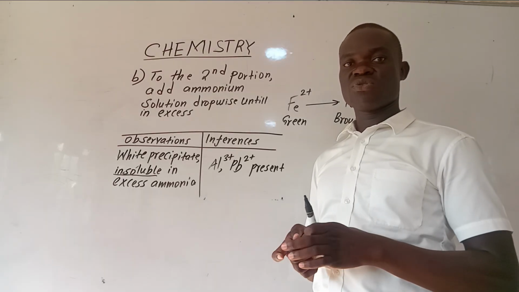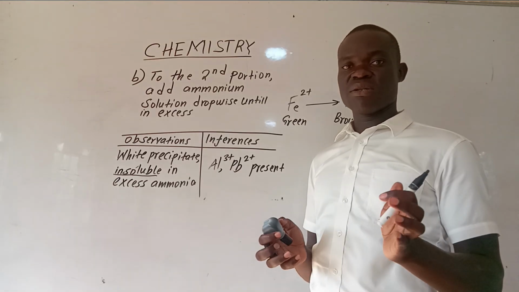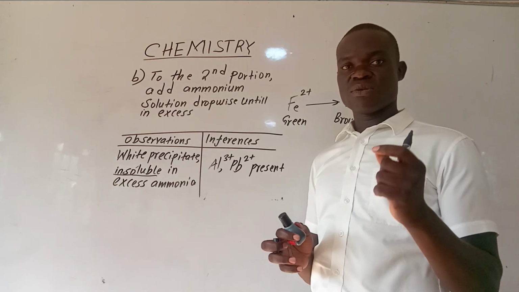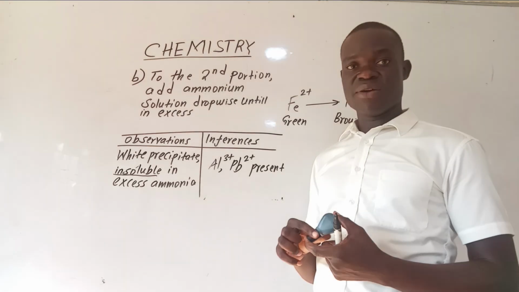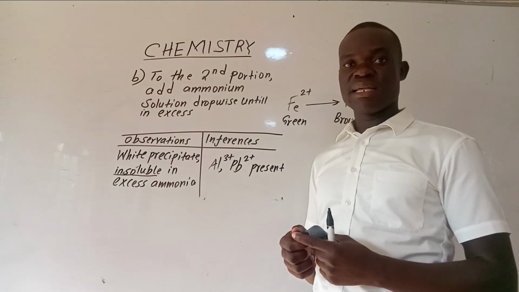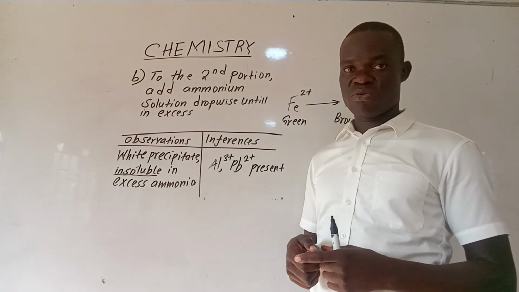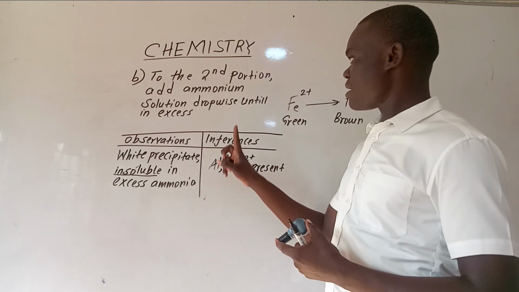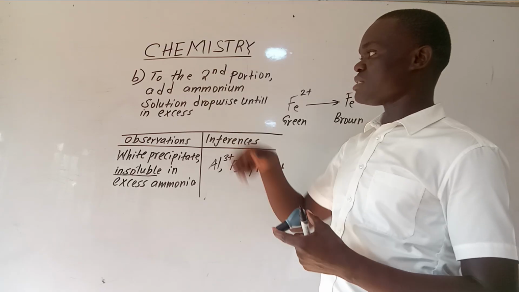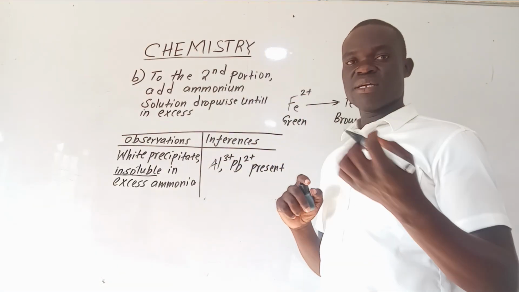Copper ion is also soluble in excess ammonium to form deep blue solution. That one we'll talk about later. When a solution dissolves to form deep blue, that one we are dealing with a colored ion that is soluble in excess ammonia to form deep blue solution, a complex ion that makes the solution deep blue. But at this point, when we use sodium hydroxide and we have stated that aluminium, lead, and zinc present.